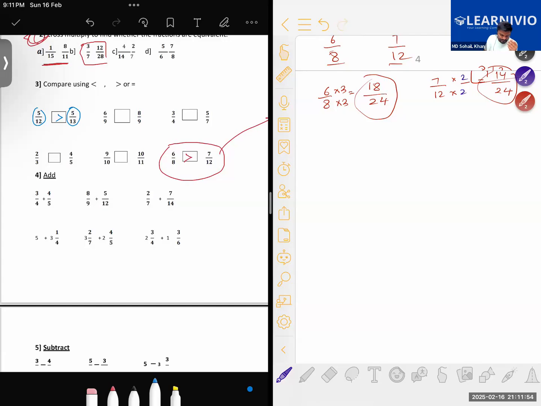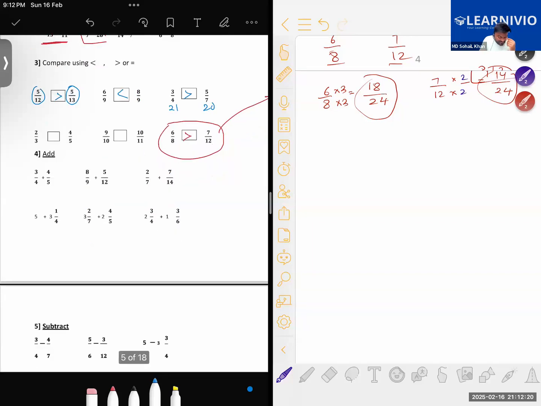Very good. Next. 5 upon 7. Bigger or smaller? Think again. No, actually this one, 3 upon 4, because here you'll be getting 21 and here it's 20. Good. Next.